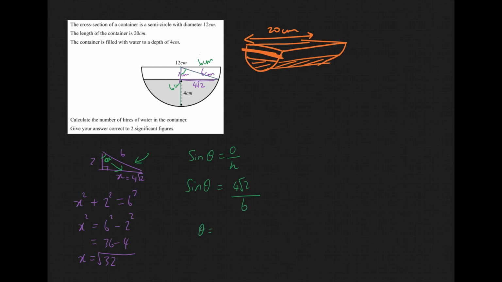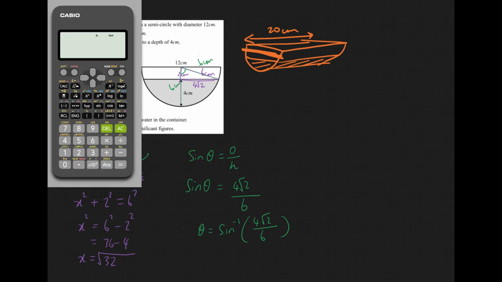And then theta equals sine inverse of 4 root 2 over 6. So I'm just going to pull up the calculator. Okay, so we're going to shift sine and then fraction 4 root 2 over 6, close brackets.